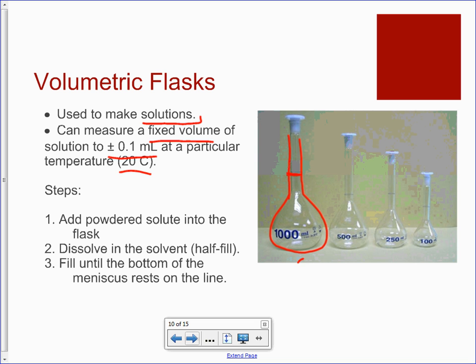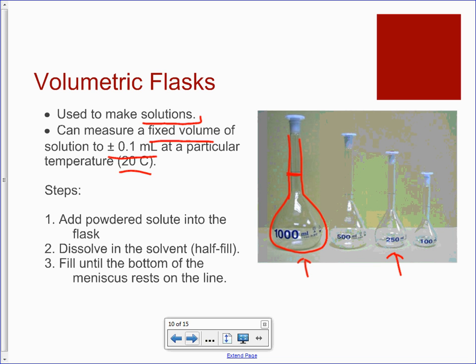So for example, this large one here is used to prepare a solution of 1,000 milliliters only. You wouldn't use it to prepare any other volumes. It would be inaccurate. If you wanted to make a solution up of a volume of 250 milliliters, you would use a 250 milliliter volumetric flask.